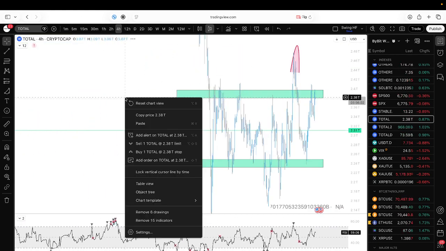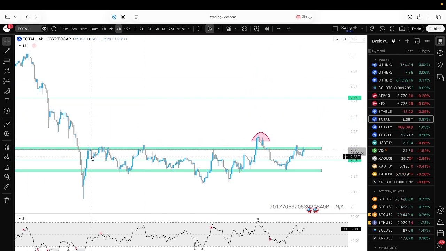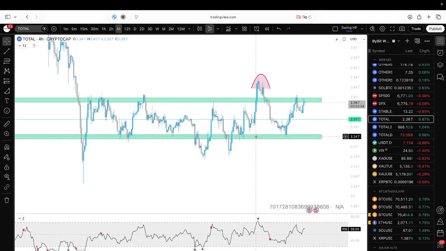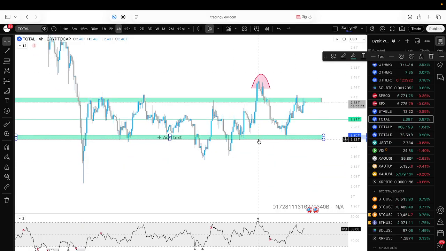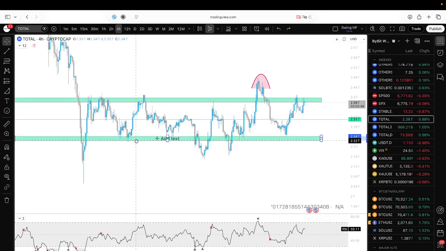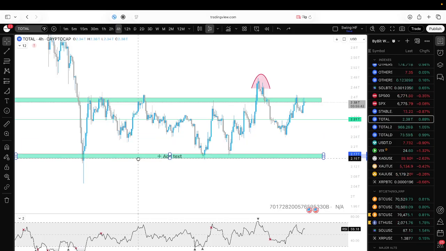Let's go on higher time frame. We can clearly see the range, guys. It's very. Let me just this. So you can clearly see the range here. Okay. Again, you can maybe have something like this or like this.